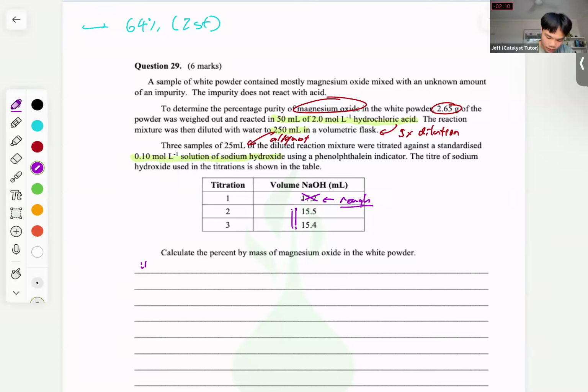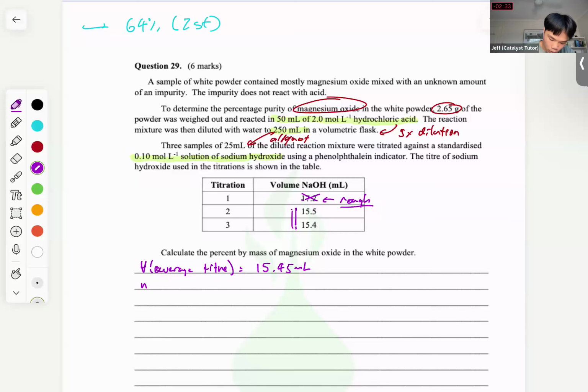So the volume of the average titer is going to be 15.45 as the average of those. And you'll keep on working through. You know that you have used 0.1 mole per liter of sodium hydroxide.